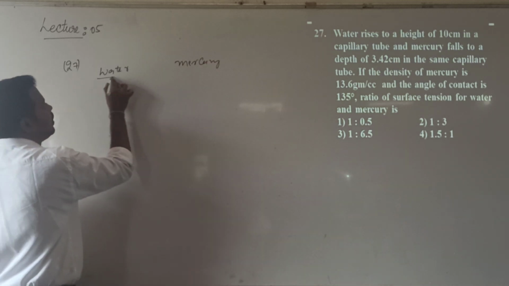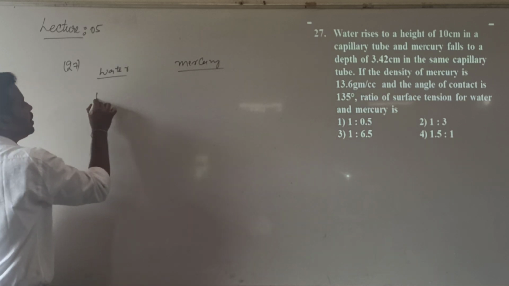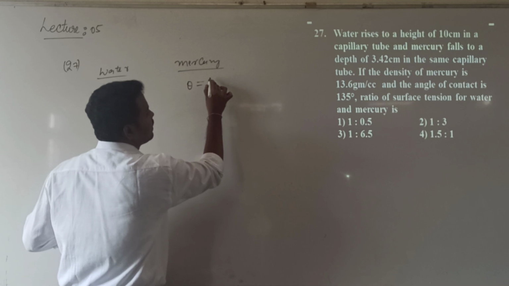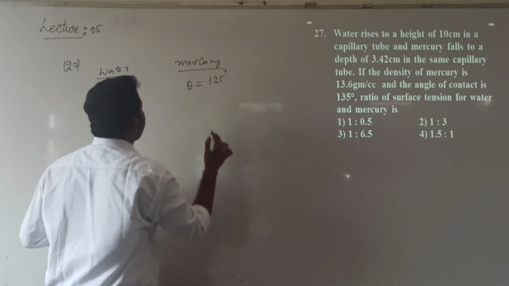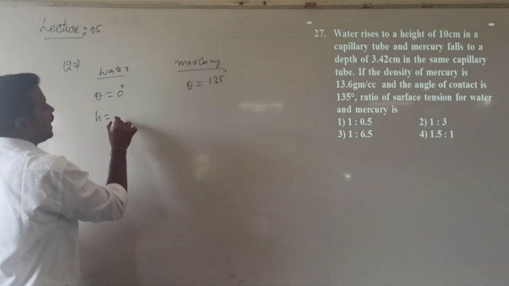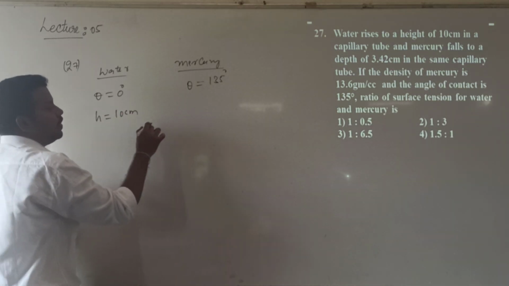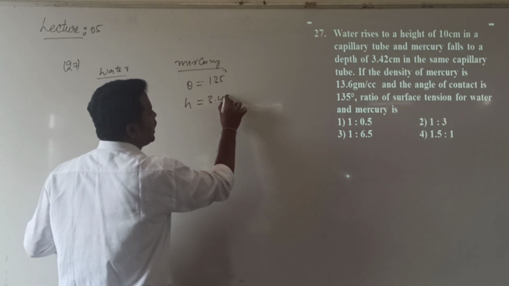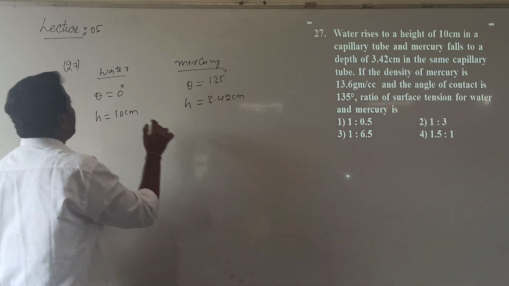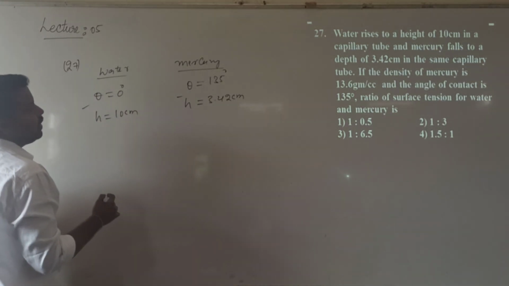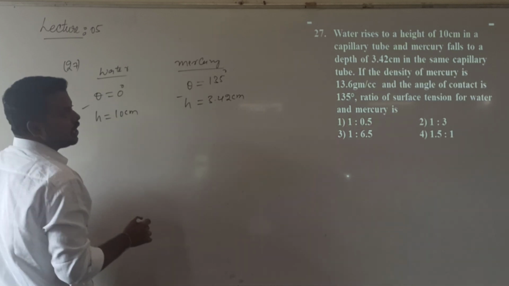For water, angle of contact theta is equal to 0, whereas for mercury the angle of contact is given as 135 degrees. For water, rise is given as H value 10 centimeters, whereas for mercury it is 3.42 centimeters. But remember, water rises, mercury falls, depression.